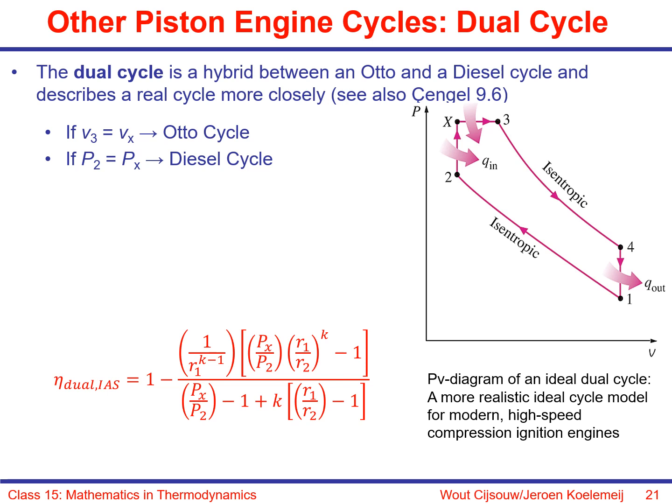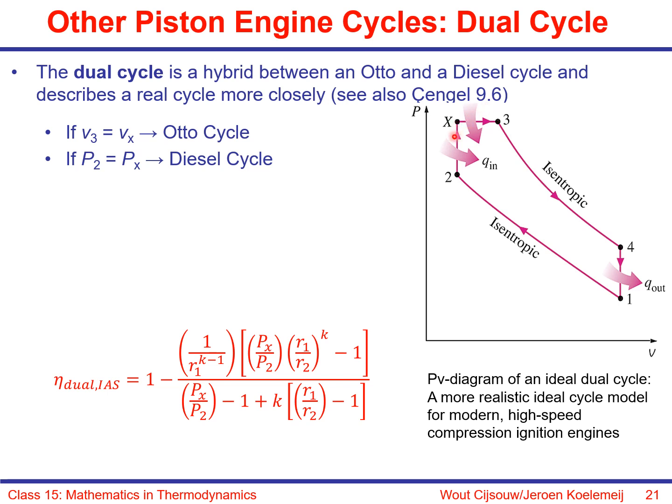And here is a PV diagram that shows the dual cycle. And what you will notice is that there is this additional point X that's being drawn here. And this makes a lot of difference.